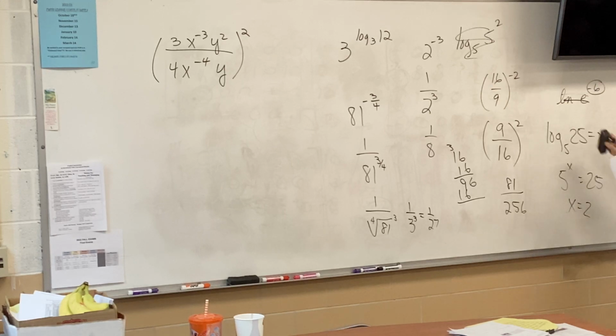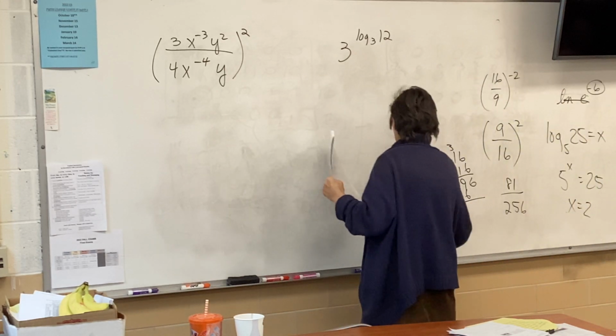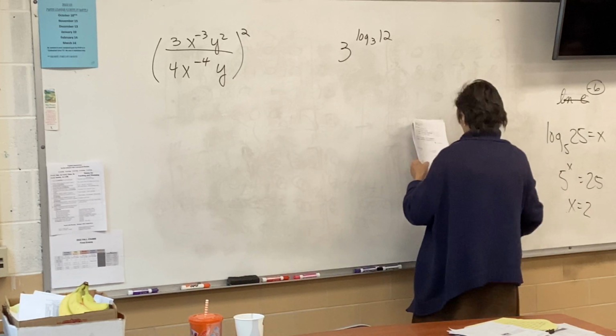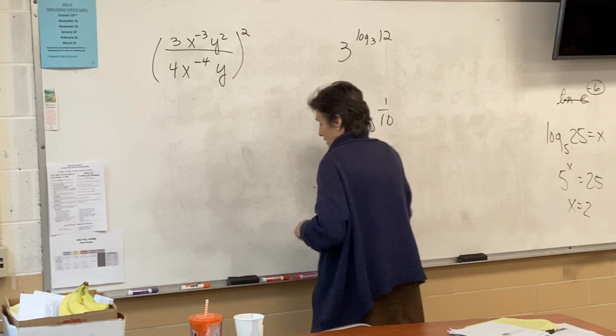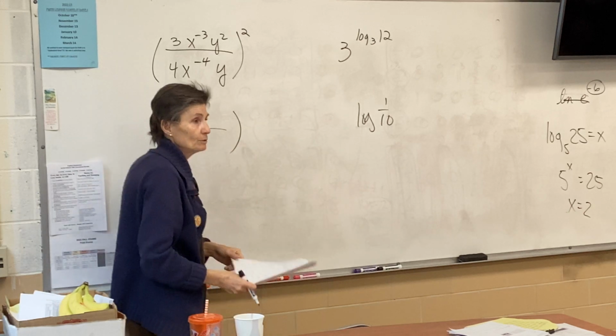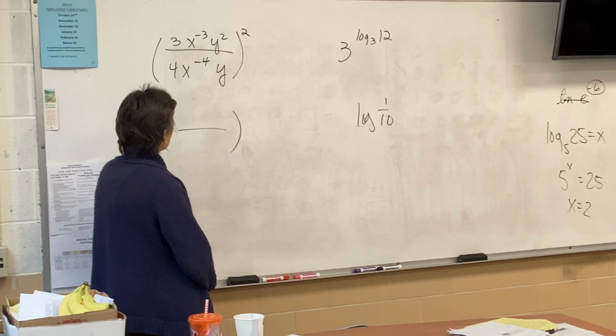But you don't need to be overwhelmed, because you can clean it up pretty easily. Let's look inside the parentheses first. You don't have to, but I think it makes it easier if you look inside the parentheses first.